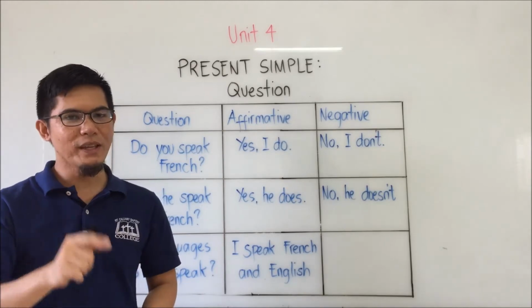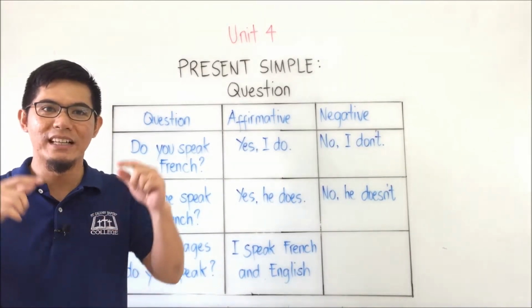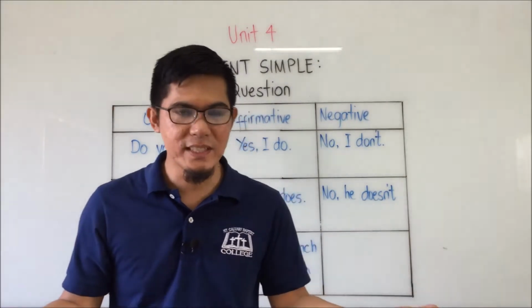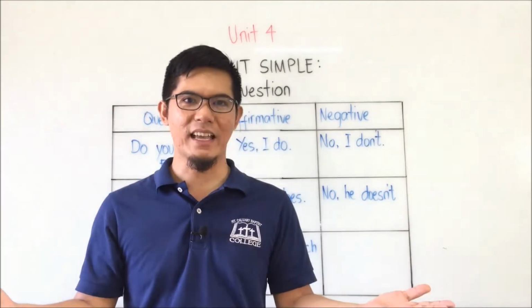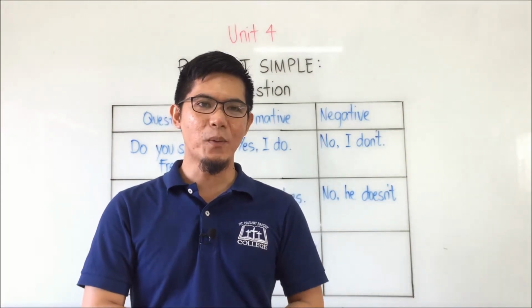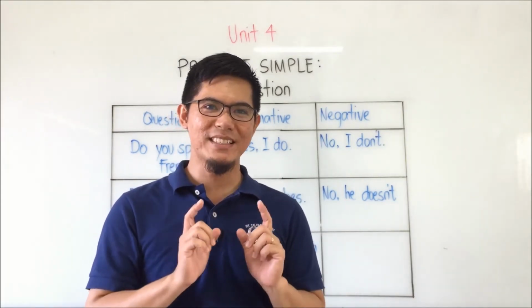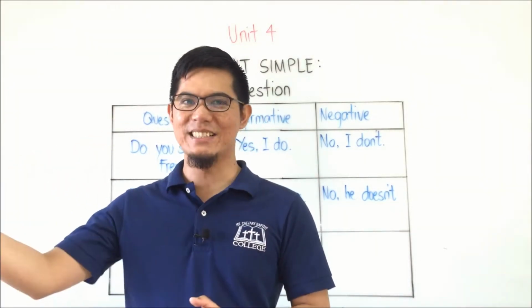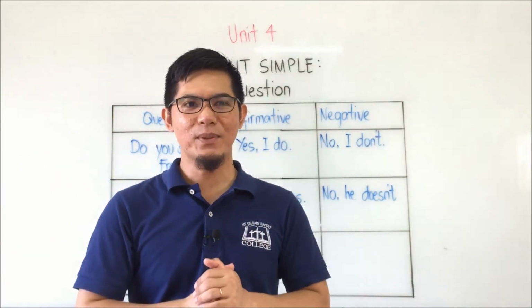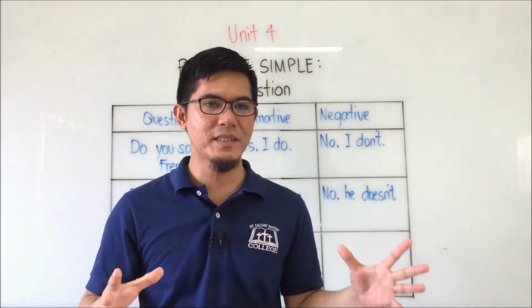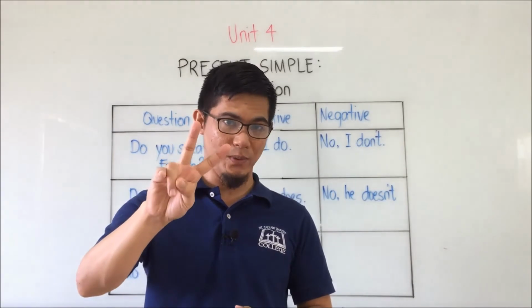But before we go to our lesson for this week, let's review first our previous lessons. Can you still remember? Last week we learned about present simple, affirmative and negative. In writing affirmative sentences, we've got two rules.